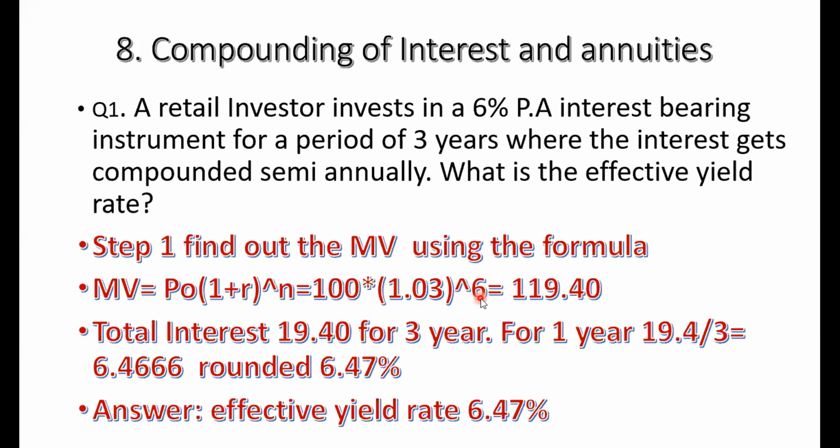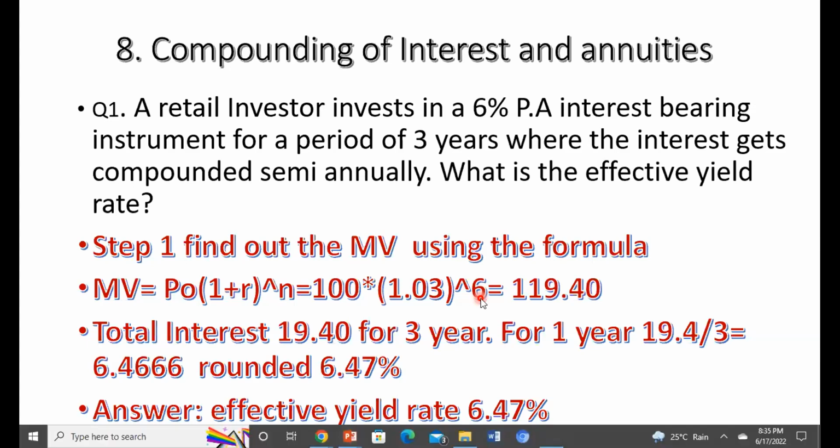So if you press 12 times, I am getting 1.1956. Anyone of you getting 1.1956? Yes, boss. How about others? Some experts. Any other answer? 1.42 will not be there, because for 3 years, I think you have used 1.03 to the power 12.